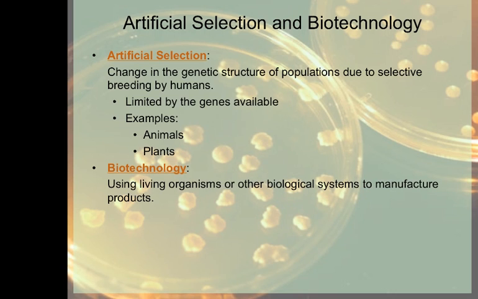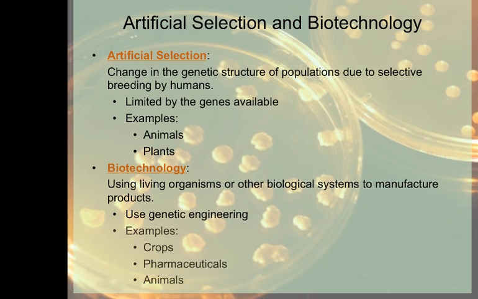This is broadly termed biotechnology. Biotechnology is not limited in the way that selective breeding is, because you can take genes from one species and put them into the organism that you are interested in. We're using genetic engineering, and examples are crops, pharmaceuticals, and again, animals.